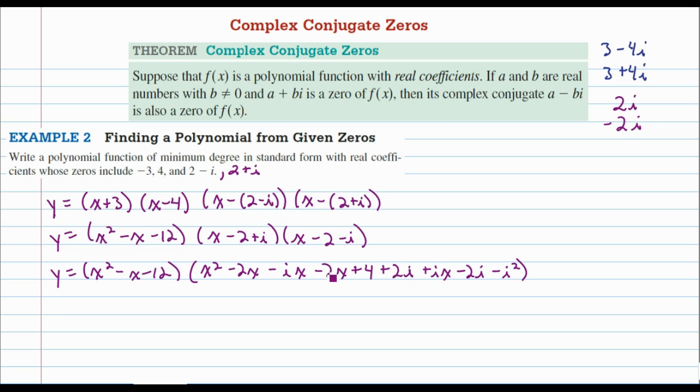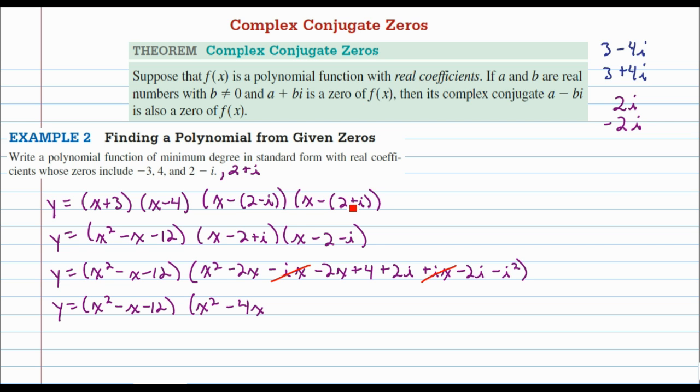So I'm going to simplify down this mess first before I start multiplying like crazy again. So I've got an x squared. Let's see, I have a minus 2x and another minus 2x, which gives me a minus 4x. Now this negative ix and positive ix go away. That's because we multiplied complex conjugates together.